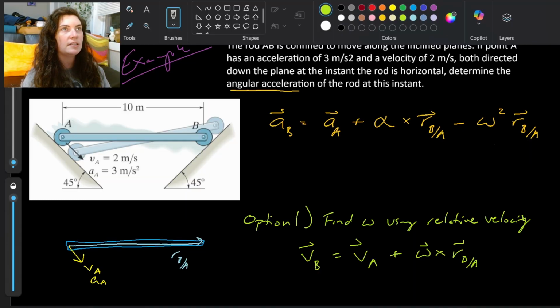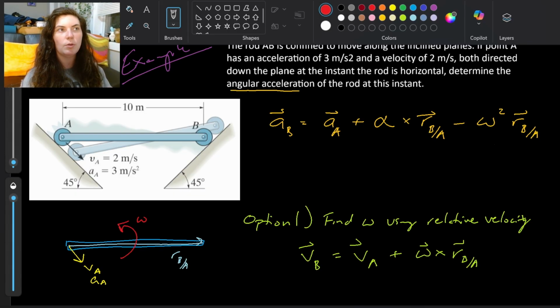So I'm just going to make an assumption that my bar is rotating in this counterclockwise fashion. Right, and it kind of looks like B is moving like that. We can see this bar is horizontal, and then we can see the ghost of where it's going to be, this lighter version in the background showing us how it's moving.